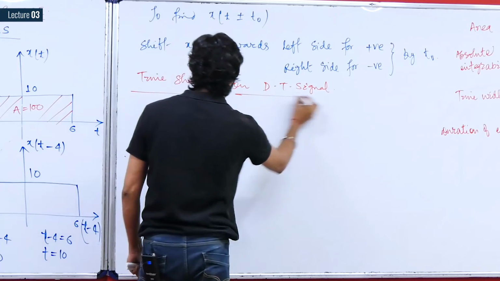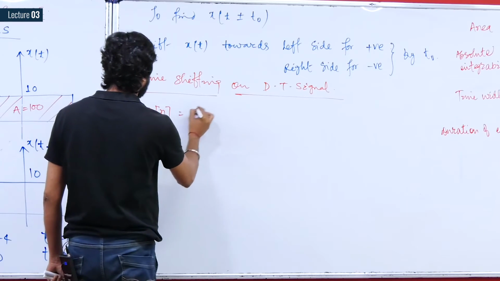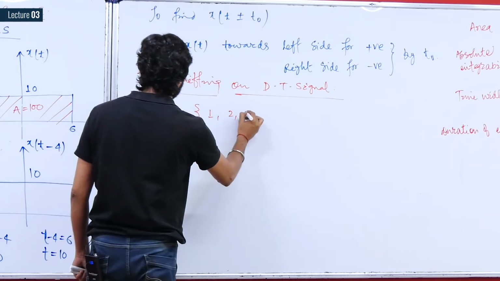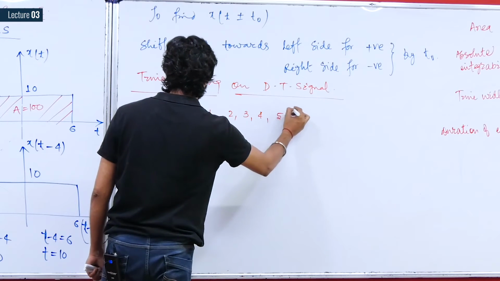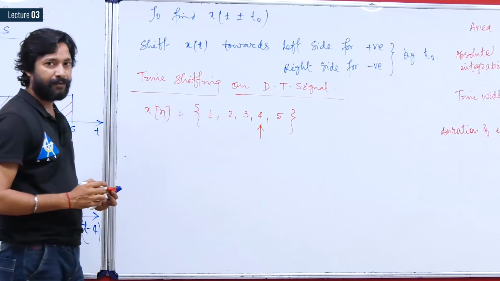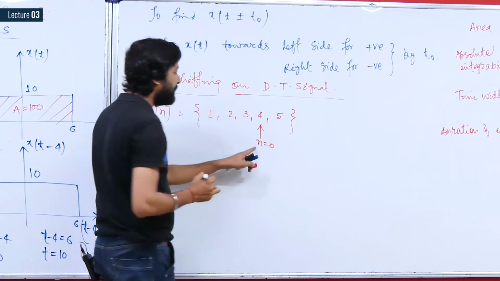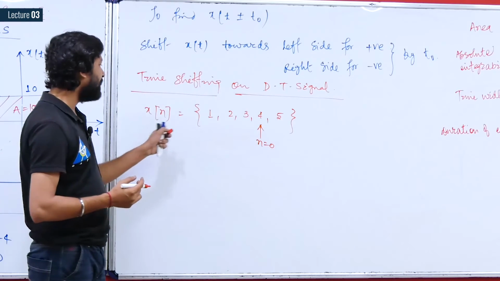So if we take an example, let us say we have a signal x of n that contains the values 1, 2, 3, 4, 5, and let the origin be at n equals 0, where the sample of the signal has value 4.